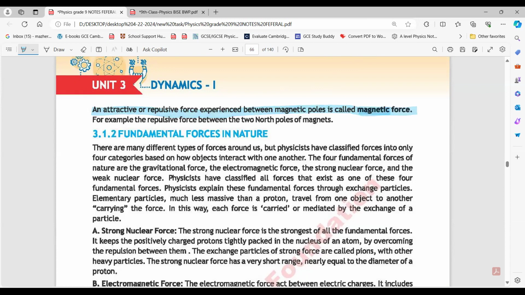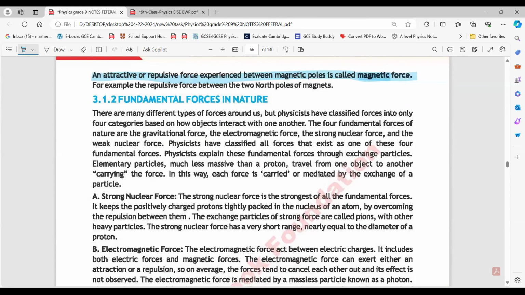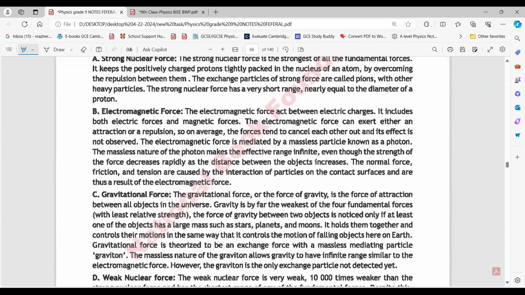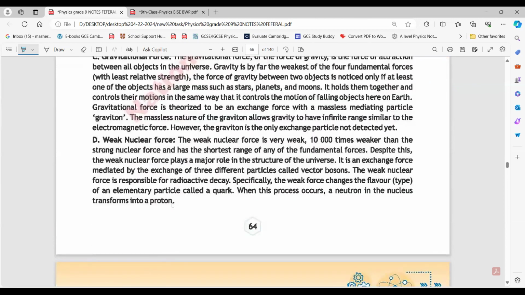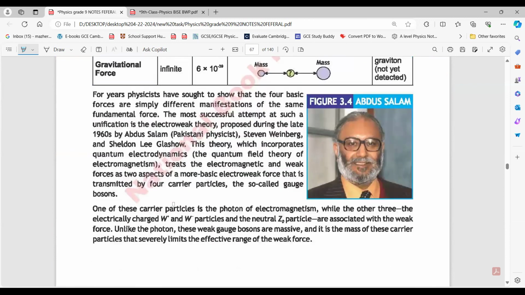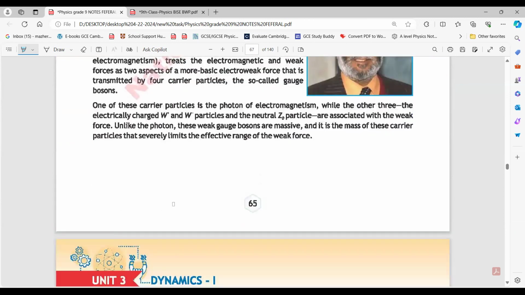Out of the examples that we have discussed, which would you term as the contact force? We have discussed the examples of non-contact. Of the definitions that we have discussed above, which would you name as a contact force? I'm asking you guys.